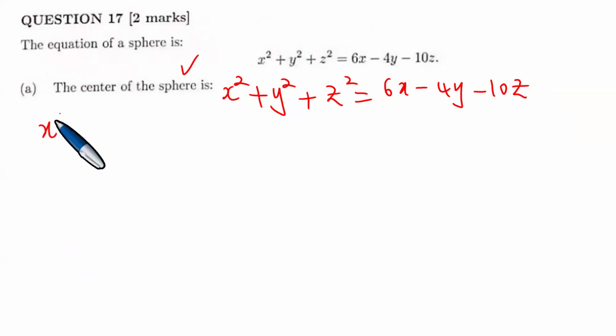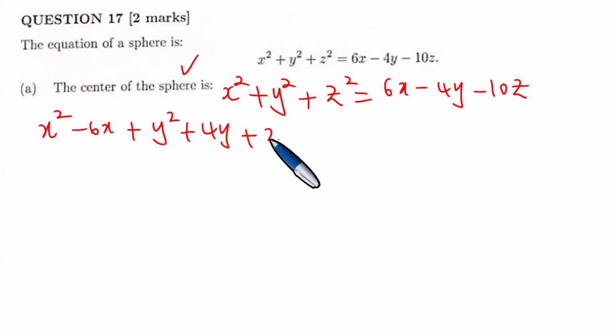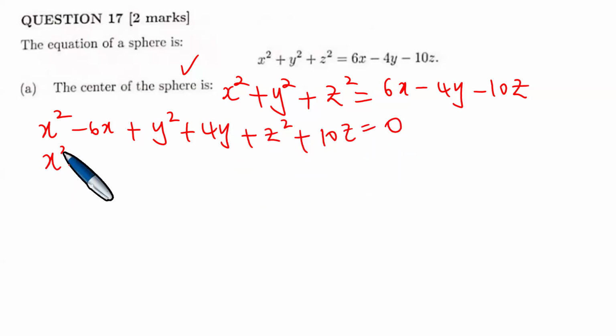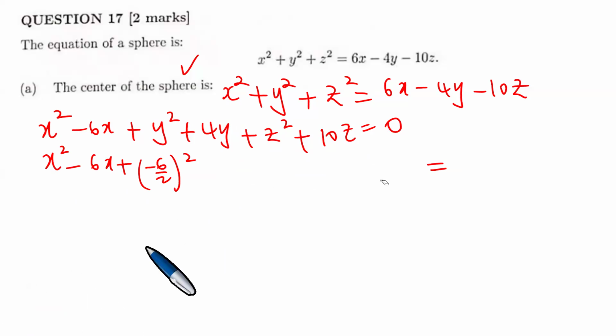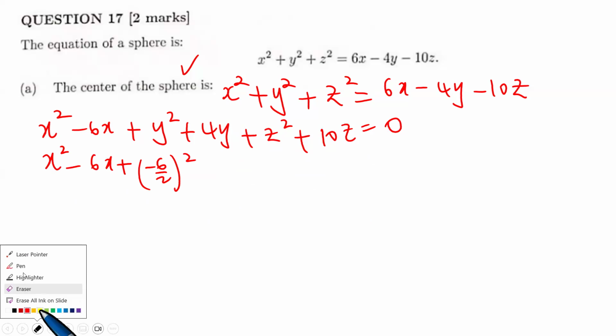To find the center of the sphere, we write x squared minus 6x, and then you write y squared plus 4y, and then you write z squared plus 10z, and this result is 0. We have x squared minus 6x, and then we take the minus 6, we halve it. We square that, but simultaneously, we need to also do it on the right.